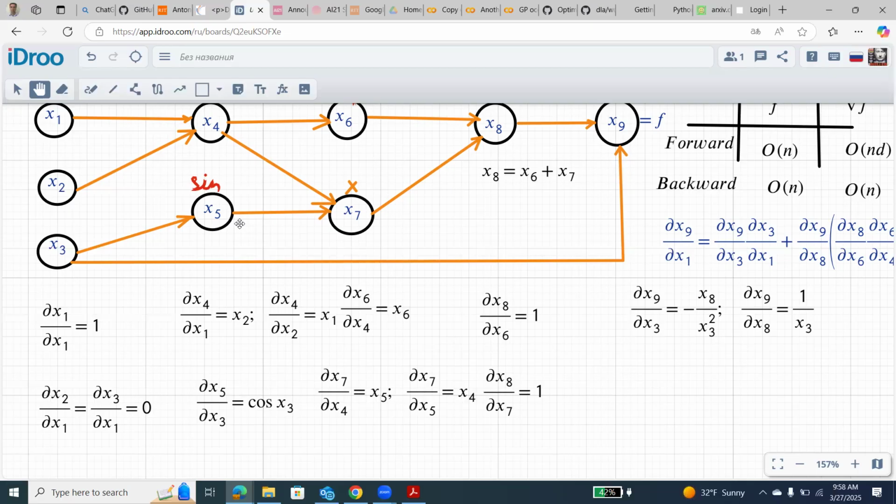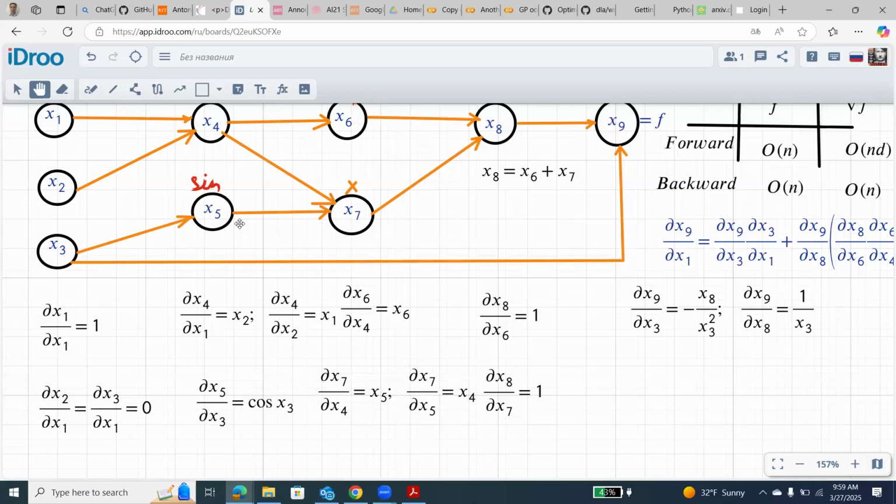So if I wanted to get a derivative in forward mode, for every node that I go to, x4, x5, I always have to take them with respect to x1. Yes, and in forward, as you remember, to calculate, let's say x6 with respect to x1, we used the chain rule x6 with respect to x4 times x4 with respect to x1. In backward mode, we don't multiply by x4 with respect to x1.